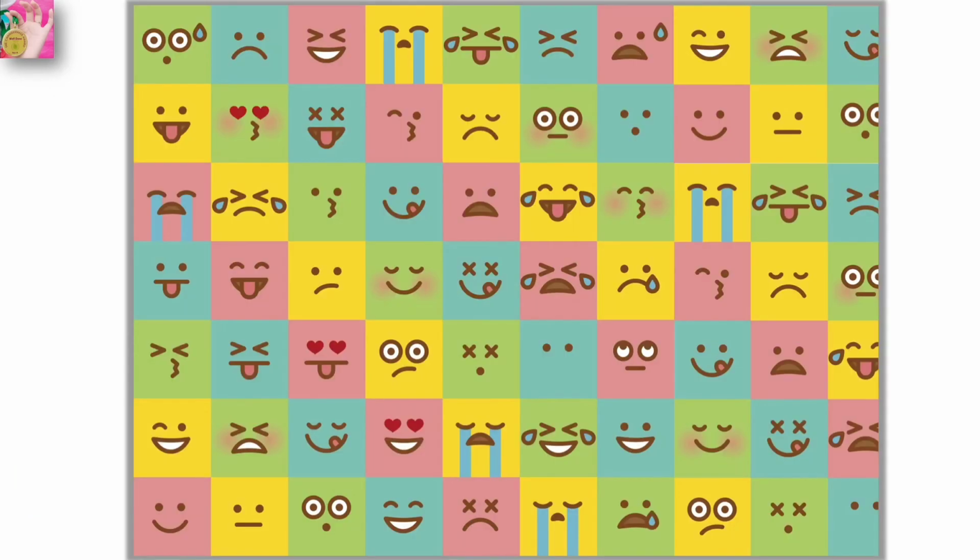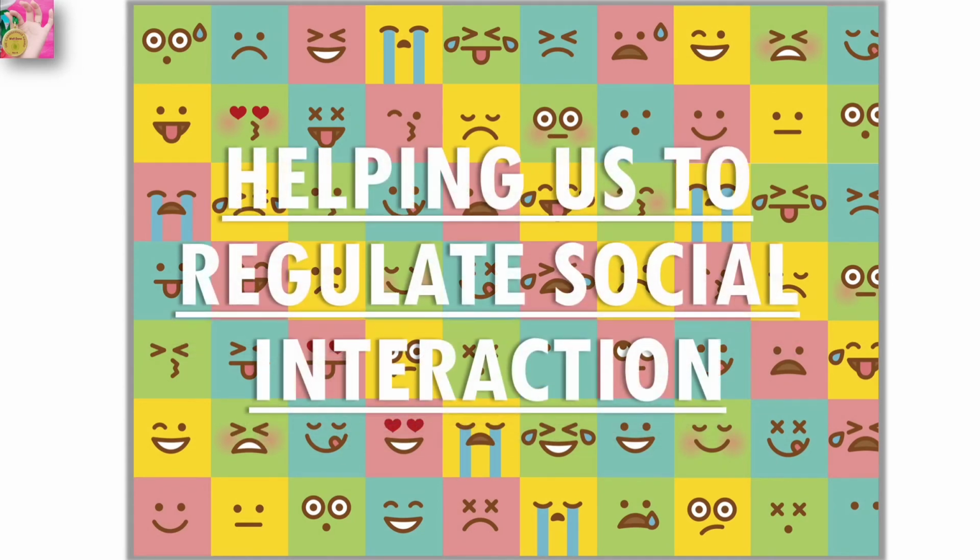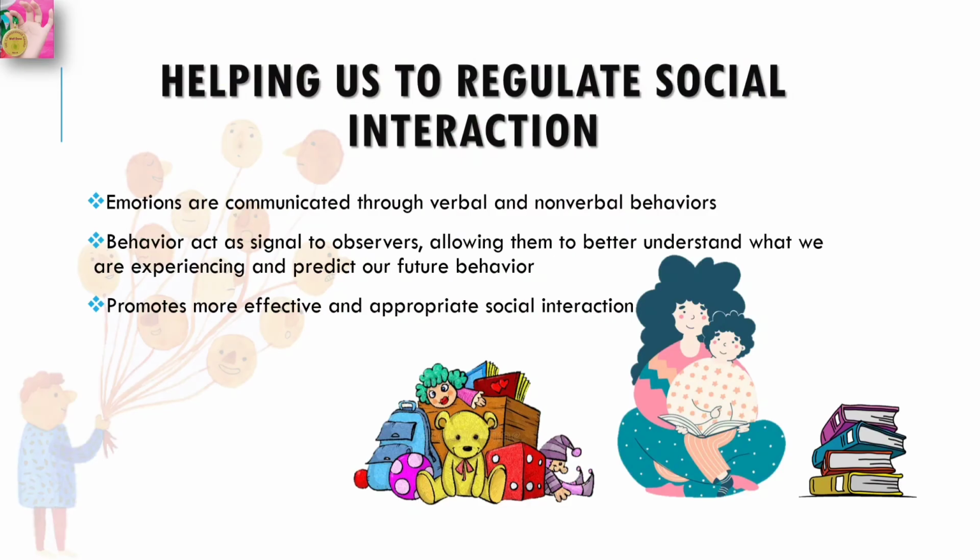Then the next function of emotion is helping us to regulate social interaction. The emotions we experience are frequently obvious to observers, as they are communicated through verbal and non-verbal behaviors. These behaviors can act as a signal to observers, allowing them to better understand what we are experiencing and predict our future behavior.